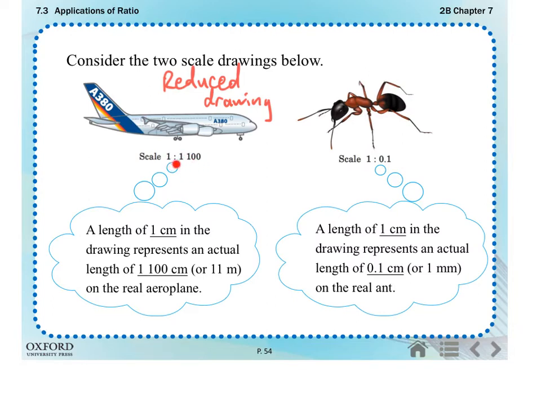So what's the meaning? That means 1 cm represents an actual length of 1100 cm. The units are the same. When we do the comparison, we always use the same unit to compare.